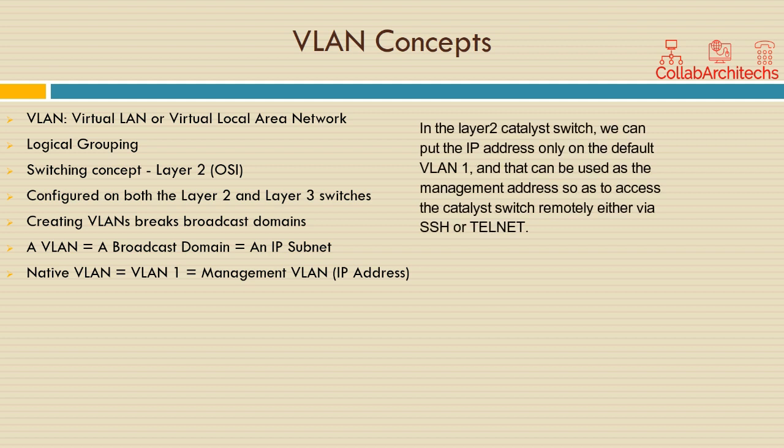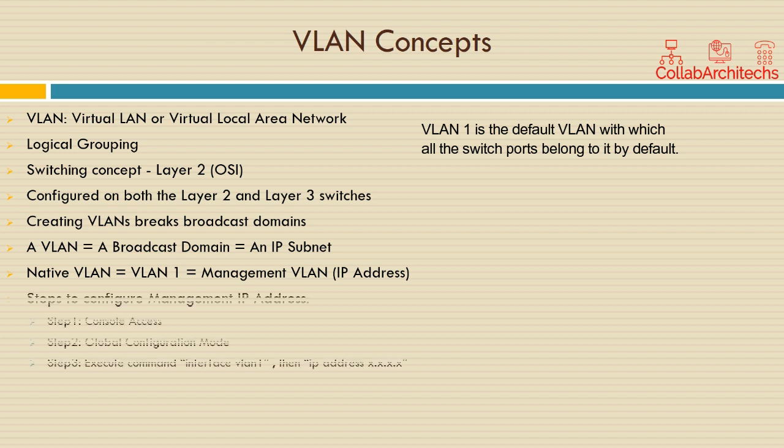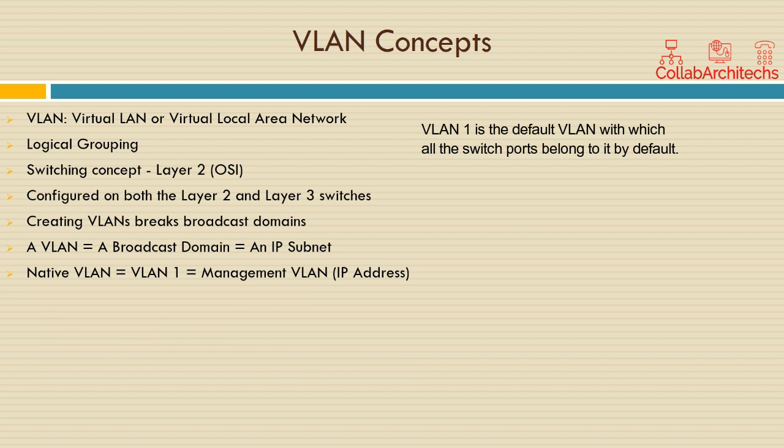In the layer 2 catalyst switch, we can put the IP address only on the default VLAN 1, and that can be used as the management address so as to access the catalyst switch remotely via SSH or Telnet. VLAN 1 is the default VLAN to which all the switch ports belong by default.